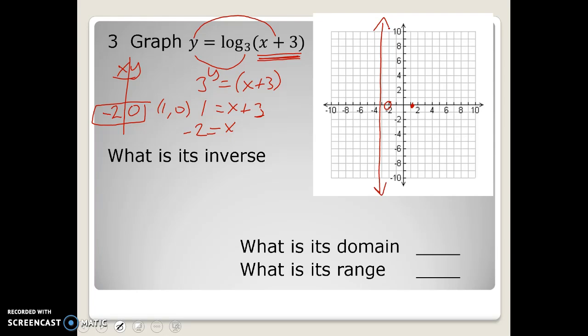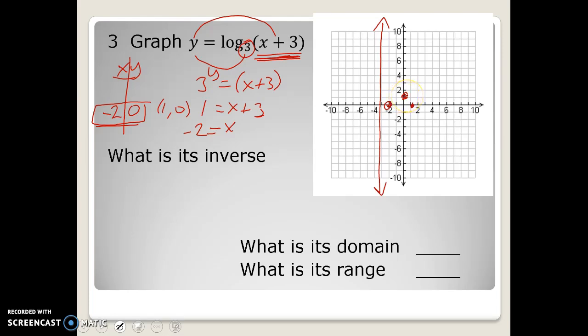Then I can think of this just like my other graphs. It's going to have a point at 1, 0. So if this is my origin here, my 1, 0 is actually at negative 2, 0, which is what I have here. The base is 3, so normally I would go from my origin over 1, 2, 3, and up 1, and I'm going to do the same thing here.